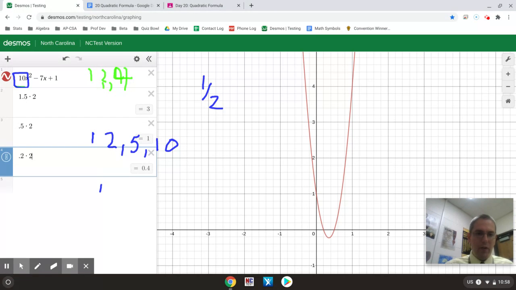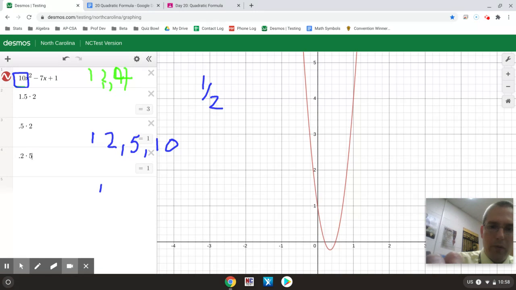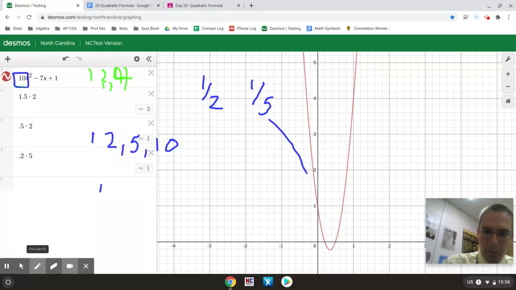That doesn't get rid of the decimal. Multiplying by 1 never will. I can try multiplying by 5. So multiplying by 5 also gives me a 1, got rid of the decimal, so that's an answer of 1/5. So I have answers of 1/2 and 1/5. And the 1/5 was the same thing as the 0.2 right there, and the 1/2 was the same thing as the 0.5.